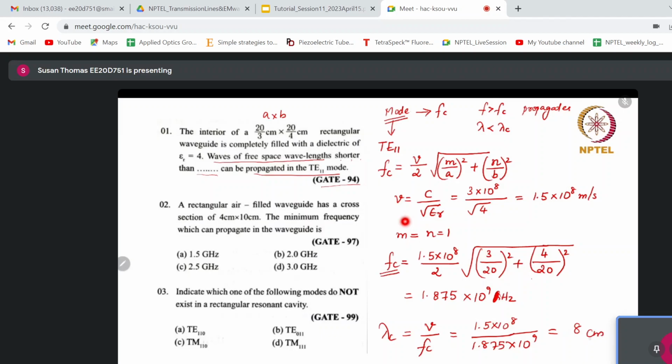So this is the cutoff wavelength. Any wavelength less than that cutoff wavelength will be propagating in the TE11 mode. So any wavelength less than 8 centimeters will be propagating in this particular rectangular waveguide, which is filled with the dielectric, and we are concerned with the particular mode TE11. Hope this is clear.